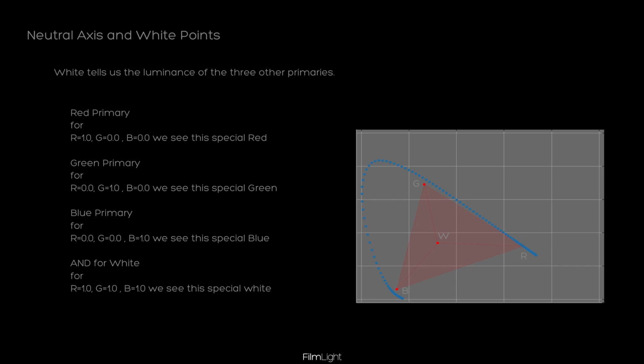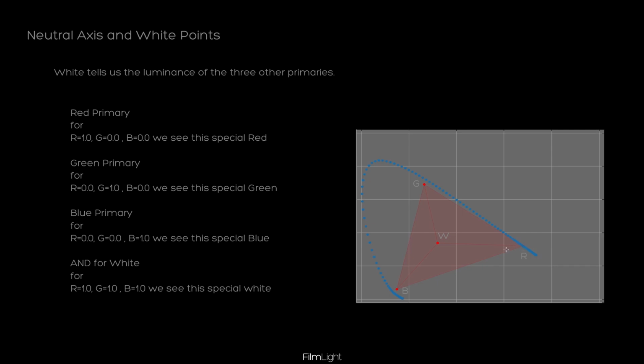It might sound strange at the beginning because a conventional display only has 3 light sources, red, green and blue. And yes, the information of the white is just given for convenience. It can be derived from the 3 primaries directly. The white point tells us something about the luminance of the 3 primaries. The red primary would give us the coordinate if we sent 1 0 0 display RGB to the display.